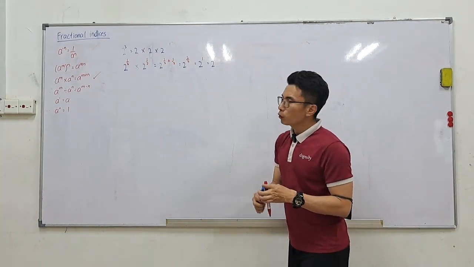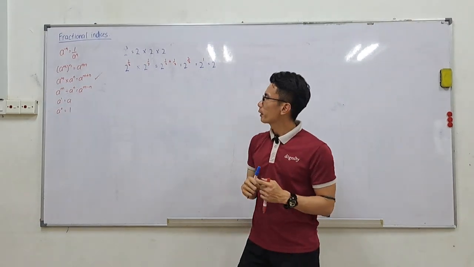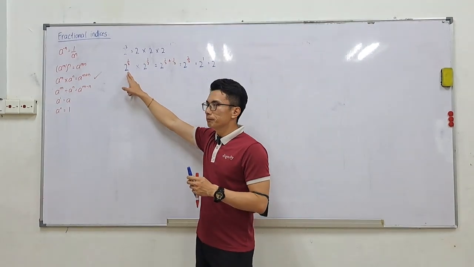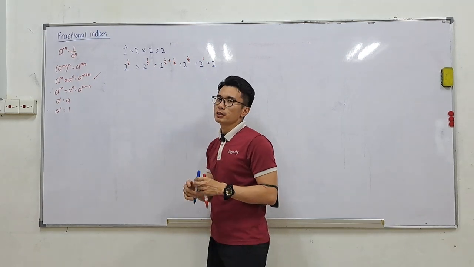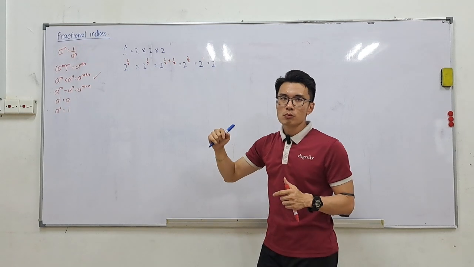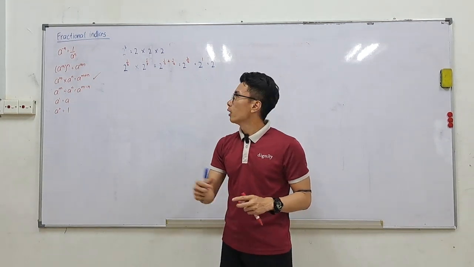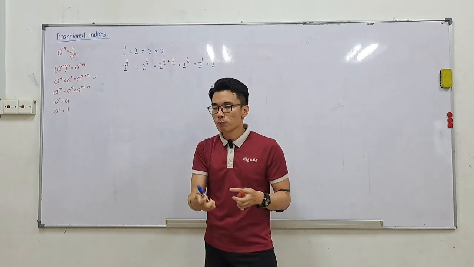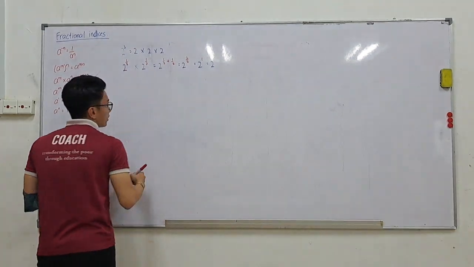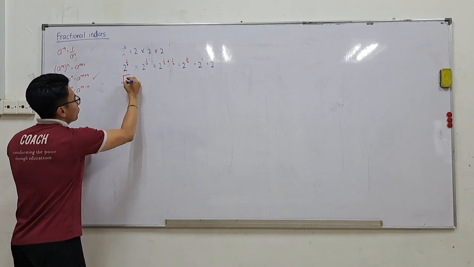Take a look at this equation. I have a number, I multiply it by itself, and I get back 2. So what multiplied by itself gives 2? It's the square root of 2.